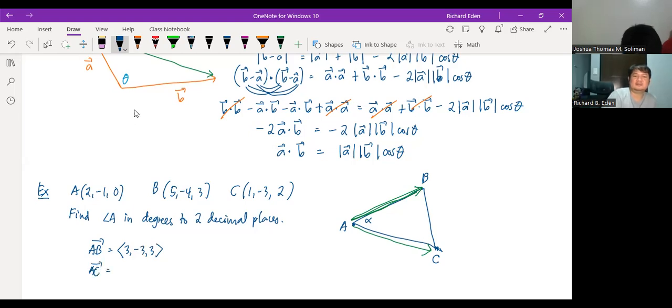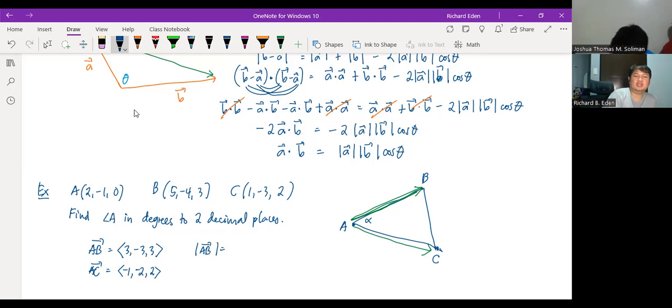What about AC? 1, -1, -2. Again, ano first component na? -1, -1, -2, and 2 po. 2. Okay, what are the lengths?